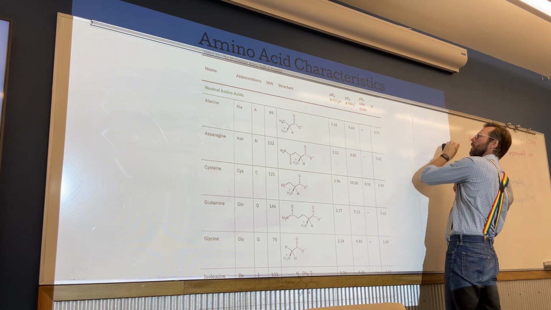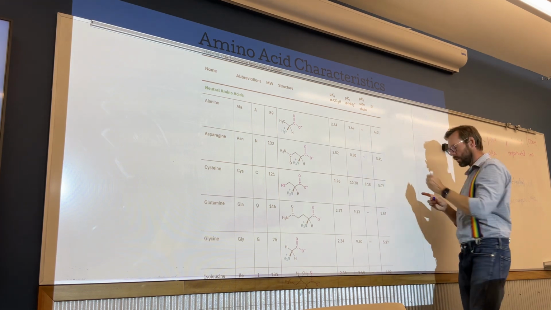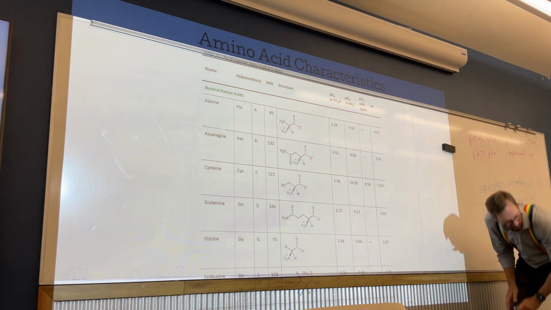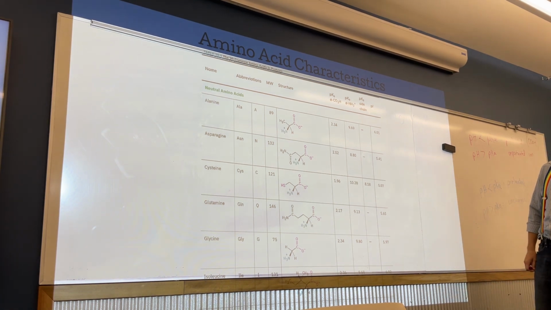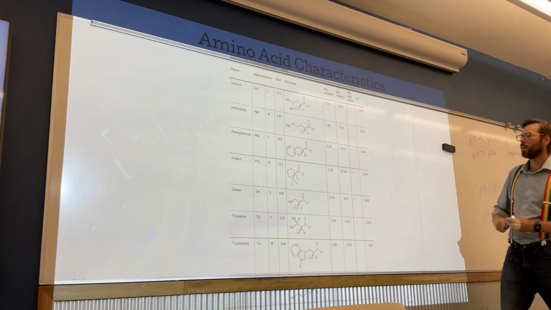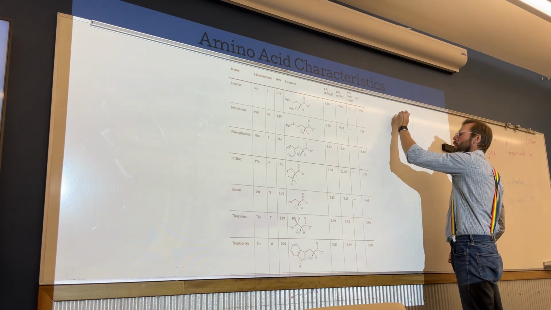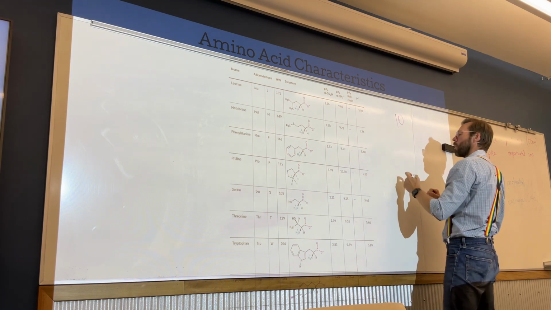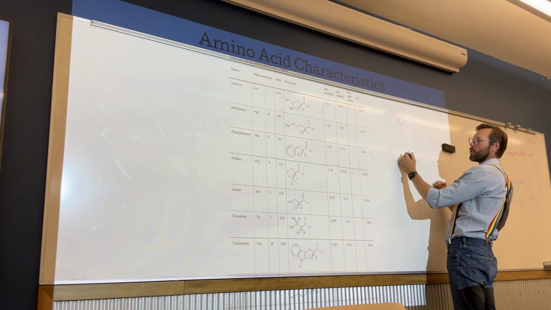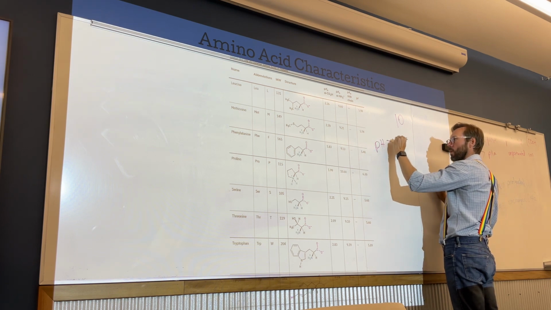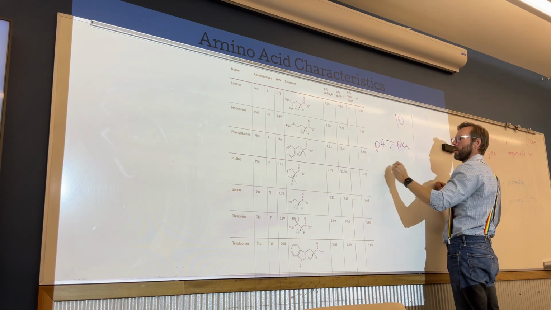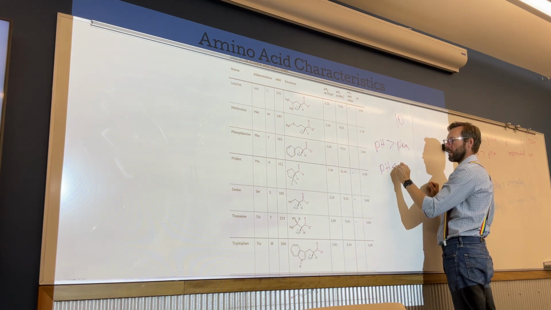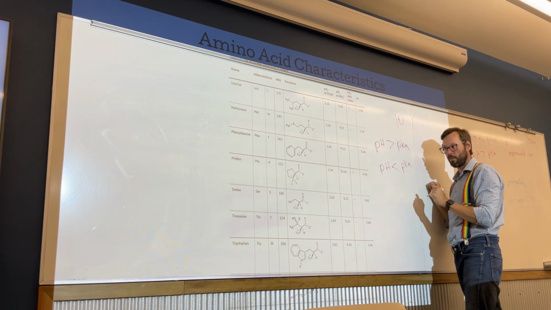Proline at pH 10. So proline, the pKa for the carboxylic acid is 1.99. So pH is greater than pKa for the carboxylic acid, and pH is less than pKa for the amino group, right?